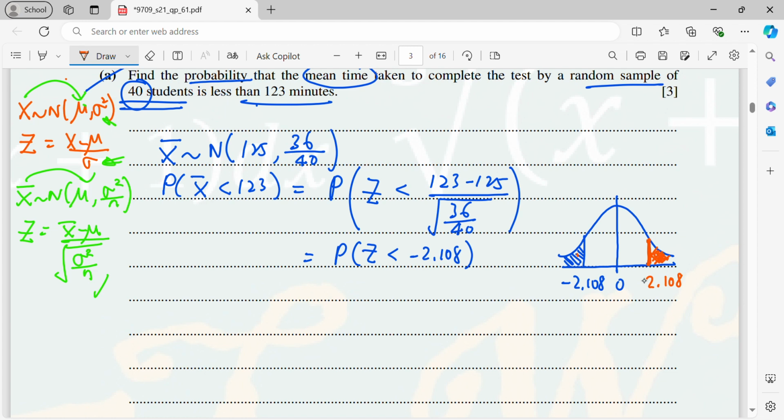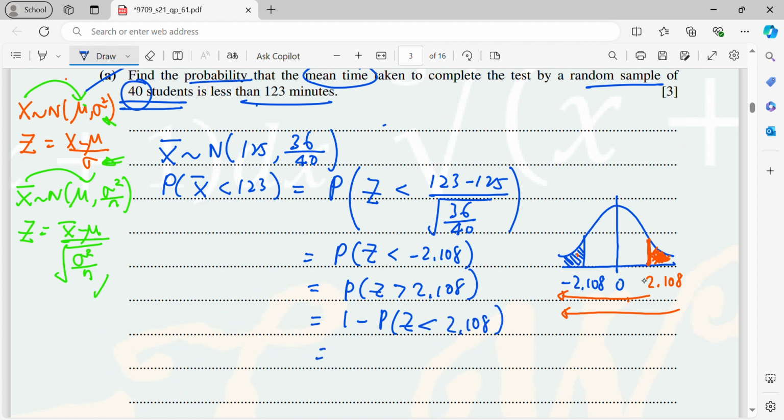So to count this probability from the table, you are just given the probability less than the positive value. Therefore, it will be 1 because the total probability is 1, 1 minus P(z < 2.108). So here I will write this is the same as P(z > 2.108), and this is counted using 1 minus P(z < 2.108).